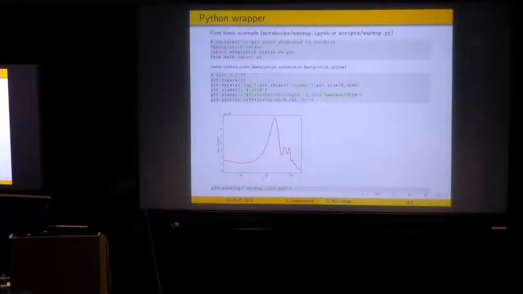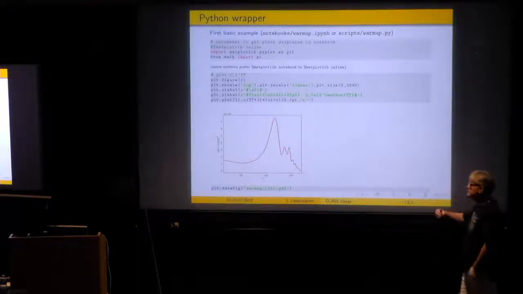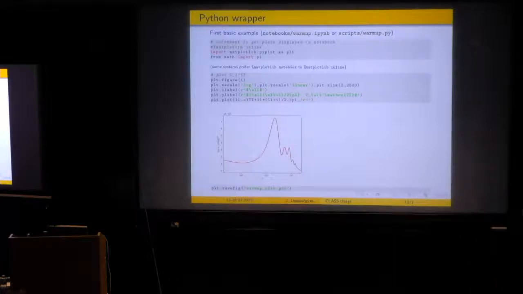And then I do the usual pyplot plot of the X array and the Y array. And the Y array is a CLTT rescaled by the usual factor L plus 1 over 2 pi that everybody uses in the CMB community, because then the CLTT are easy to relate to the real temperature fluctuation in real space with some mathematical operation. Okay, and you have done your usual CL plot.